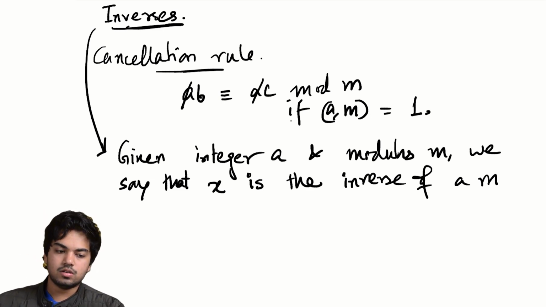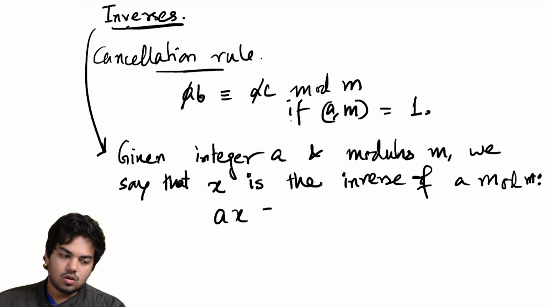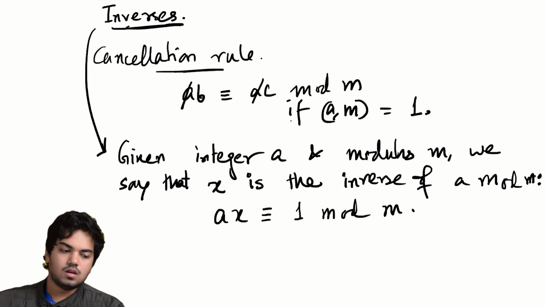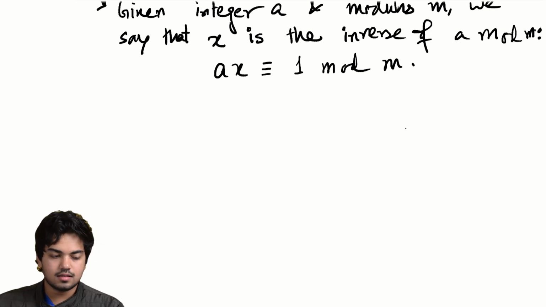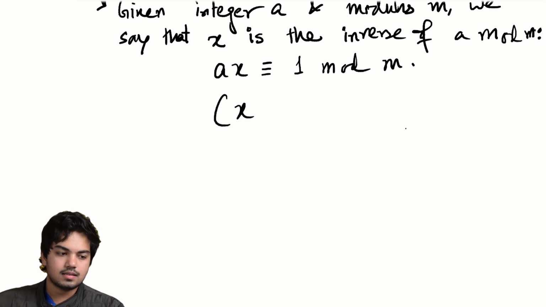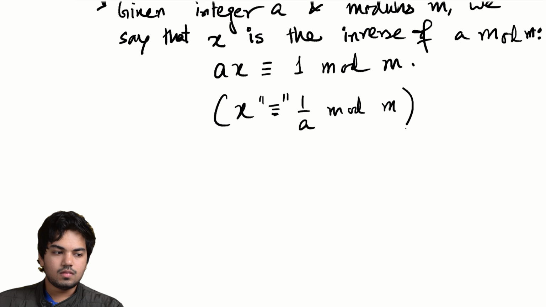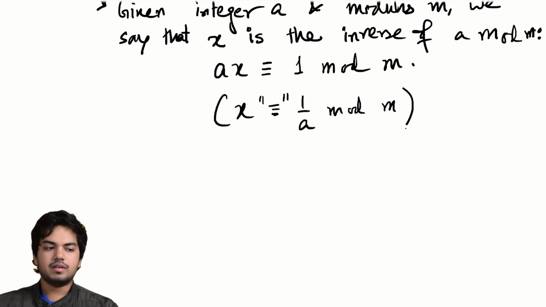We say this if ax is congruent to 1 mod m. That's the definition. Why? The idea is that if ax was equal to 1, that's the same thing as saying that x is congruent to 1 by a mod m. That's the idea.